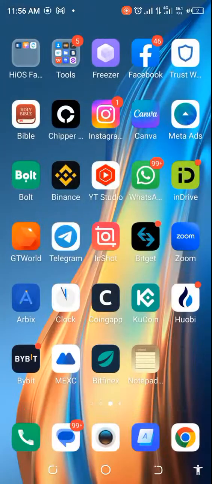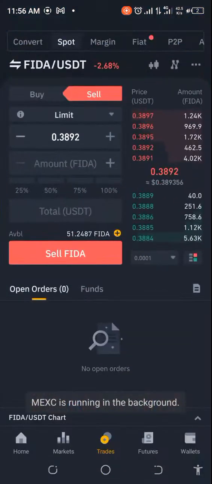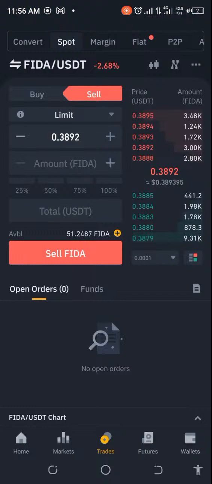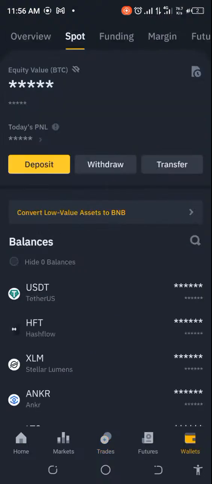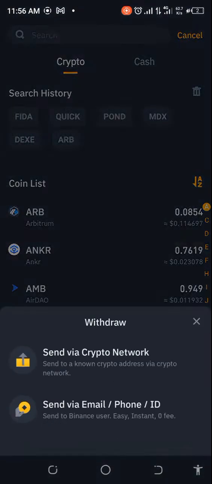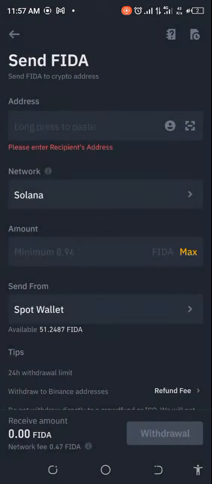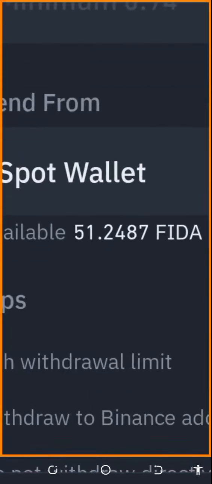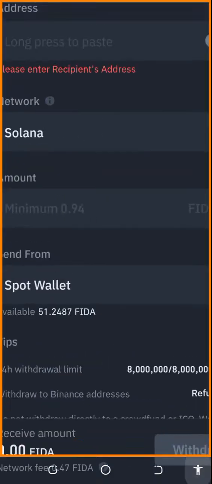So I go over to my Binance. Okay, and then the next thing I want to do is to withdraw FIDA. If I click on that, what's the complete amount? That's 51.2.